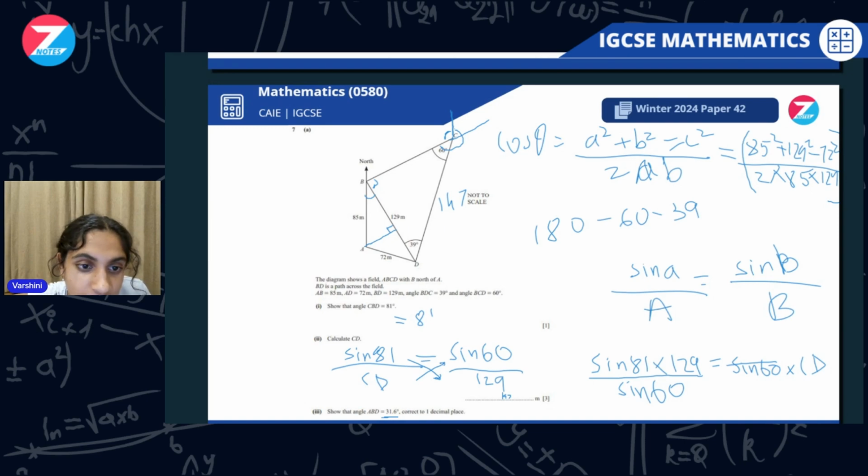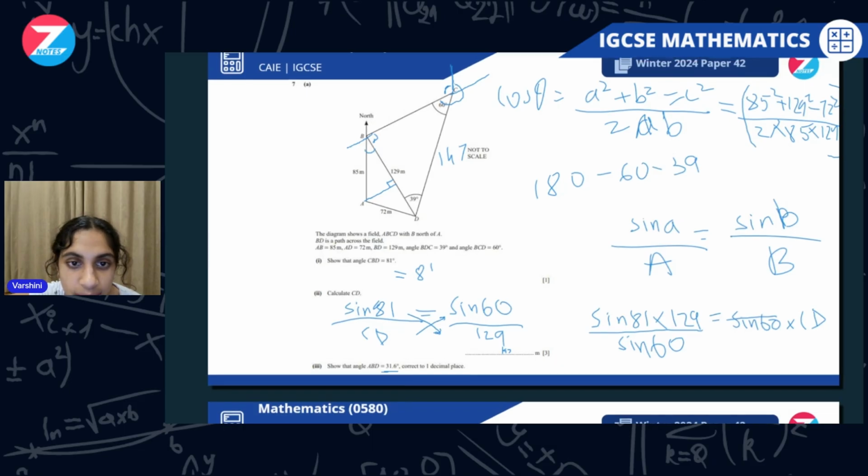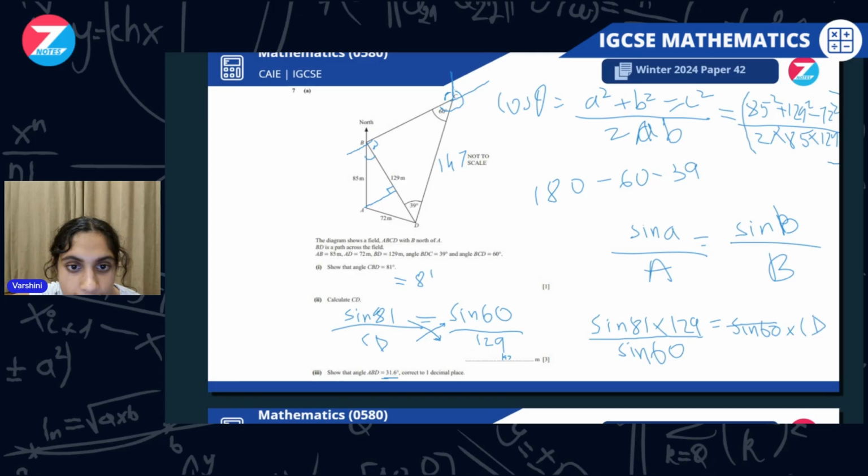So now to find this angle, we can extend this line, and we know that these two lines are both parallel because they're both north. Okay, let me just put this over here.